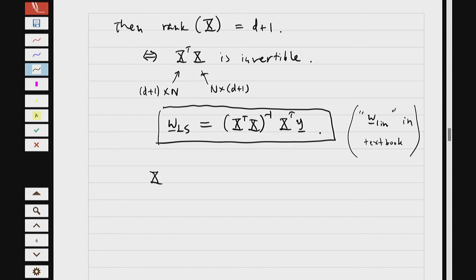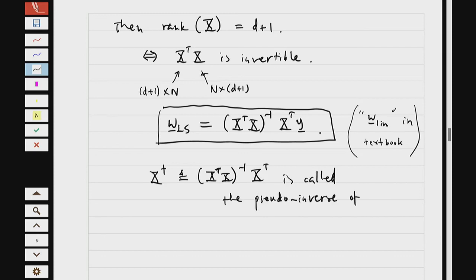The pseudo-inverse X dagger is simply defined as X transpose X inverse, X transpose, like that. It's called the pseudo-inverse of X.